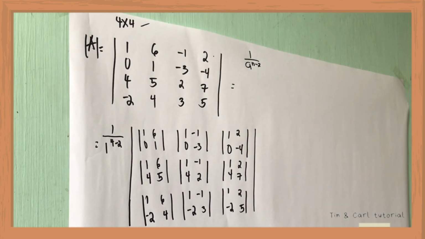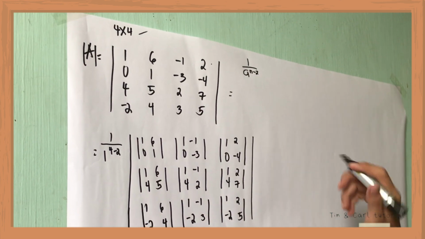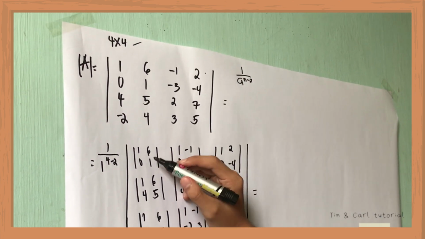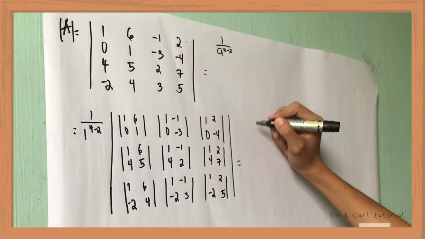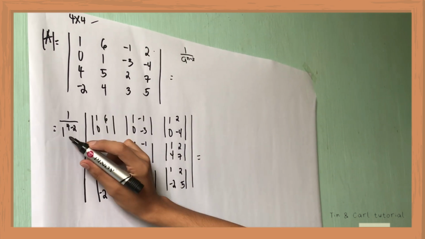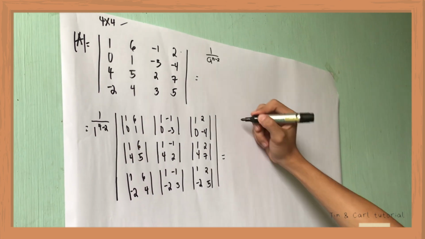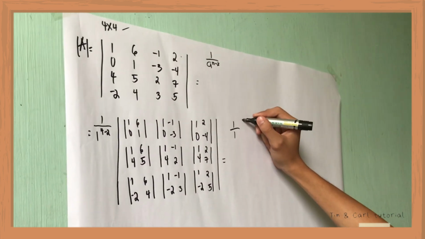So, katulad lang ng kanina, cross multiply lang natin lahat to. Hanggang sa mag-come up tayo sa value na 1 multiply by 1 is 1, minus 0 is 1 pa rin. So, solve muna natin to. 1 over 1 raised to 4 minus 2 is 2. 1 squared is 1. So, magiging value natin dito is 1. 1 squared is 1.